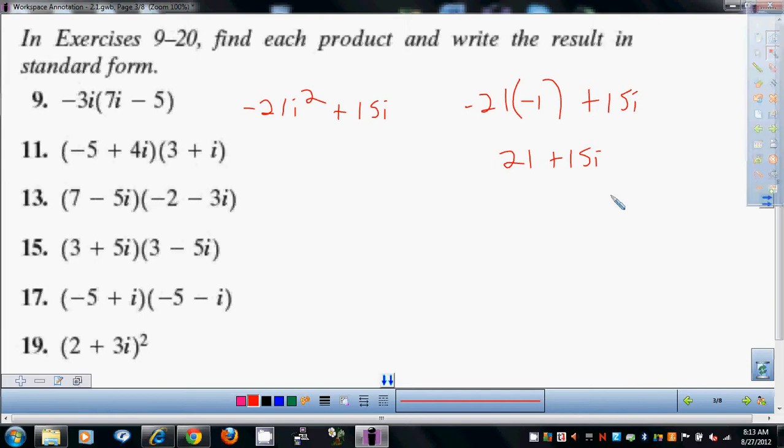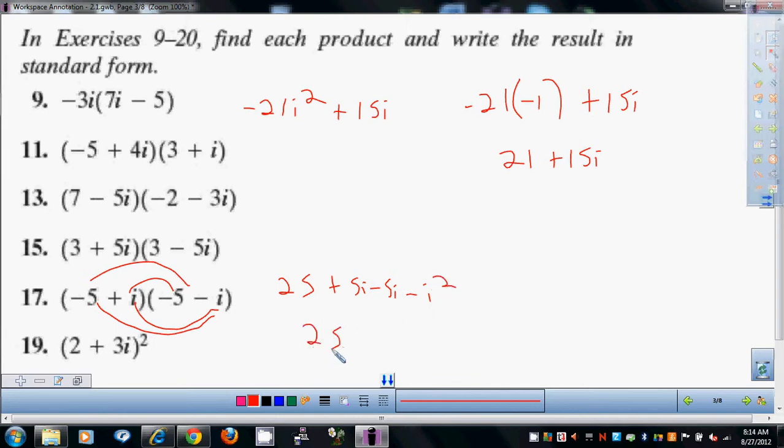11 through 19, what do you think the key is there? FOIL, very, very good. As long as you remember to FOIL, those aren't so bad. We'll go ahead and do one. How about, I don't know, 17. Okay. First, outer, inner, last.